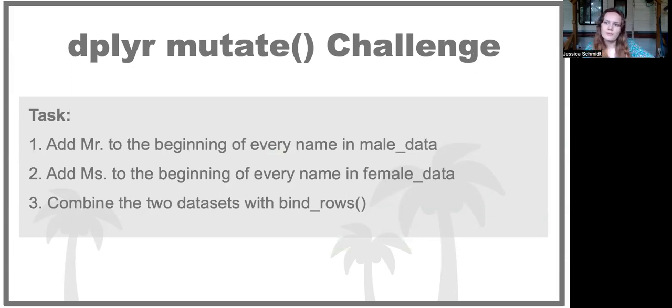Remember, way back, we already made our male data and our female data when we were checking the difference in mean between the ages of males and females. So we have male_data and female_data in our global environment. What I want you to do is add Mr. to the names in male_data, Miss to the names in female_data, and then combine the two data sets with bind_rows. Please go right ahead and do that.